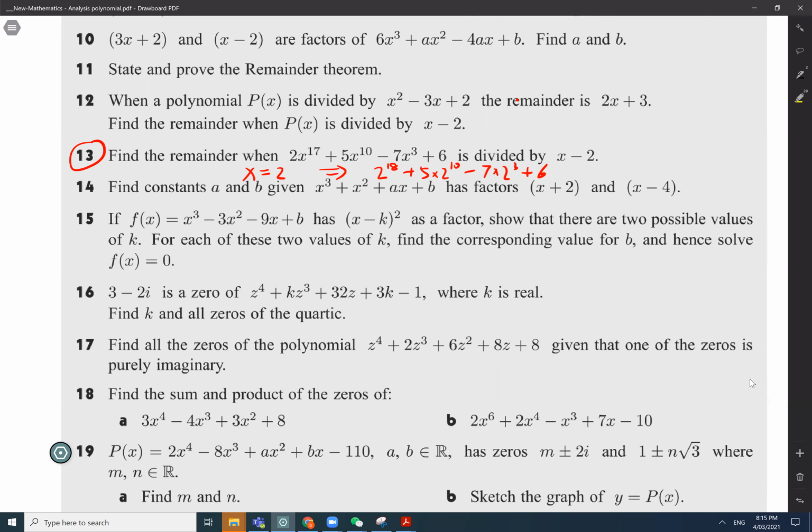This number really big. Okay. Oh, different.